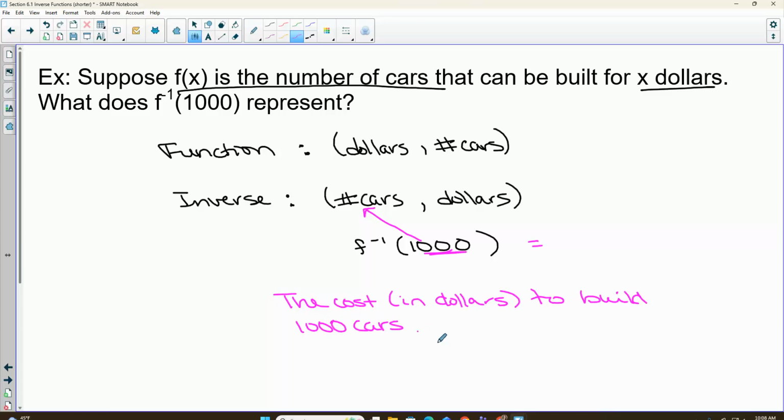So you could say, if 1,000 cars are built, it costs this much in dollars. So we have to think about what x and y mean and know that in the inverse they flip. So the number I'm putting in here is the number of cars being produced. Any questions about that one?